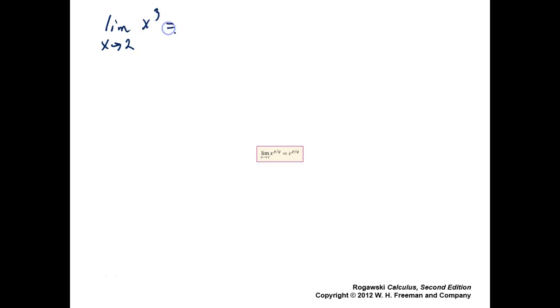I think you can all do that with no sweat, right? 8. Perfect. You just plug it in, okay? B, the limit as x approaches 2 of x cubed plus 5x plus 7.